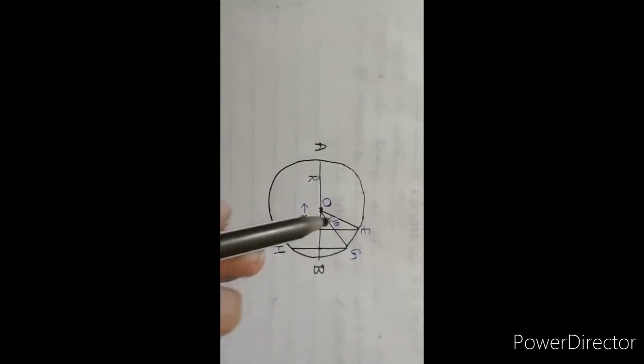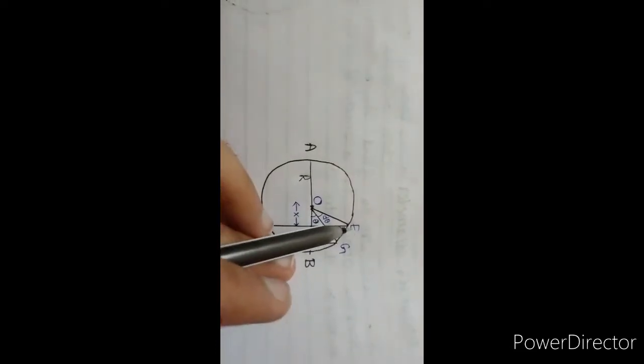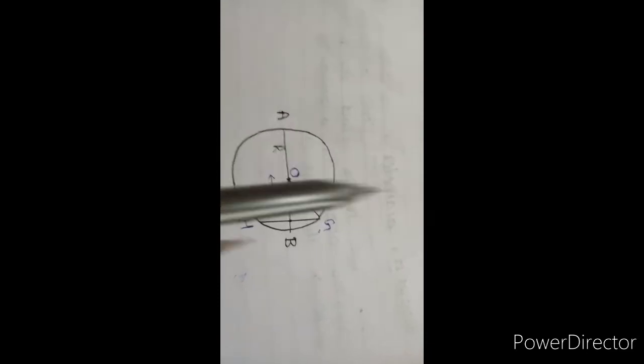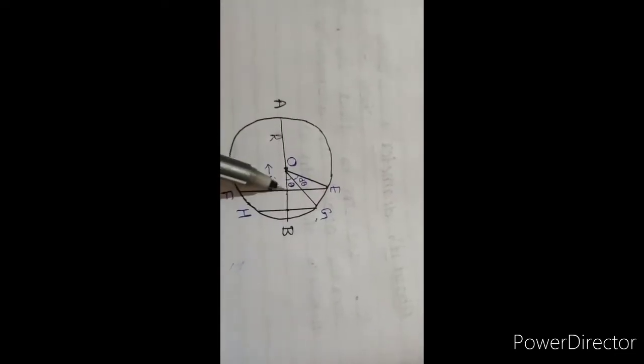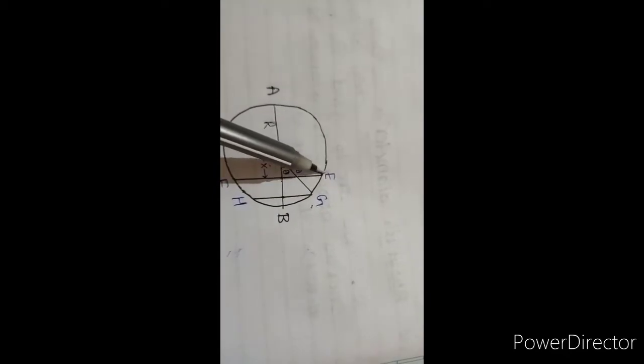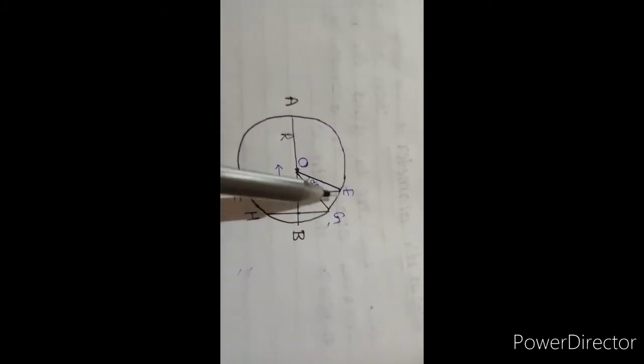The radius of the sphere is small r, and we have to find the radius of the ring. As the ring is very thin, EF and GH will be equal for us, so half of this ring, the distance of this point from the center of the ring, will be its radius. So we have to find this.